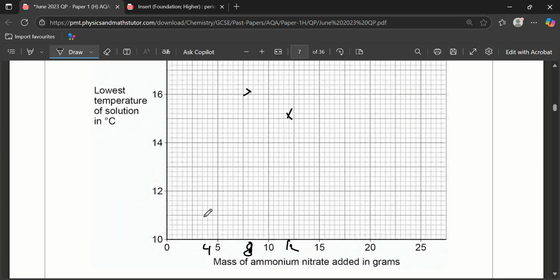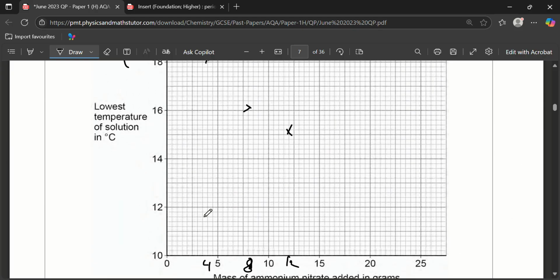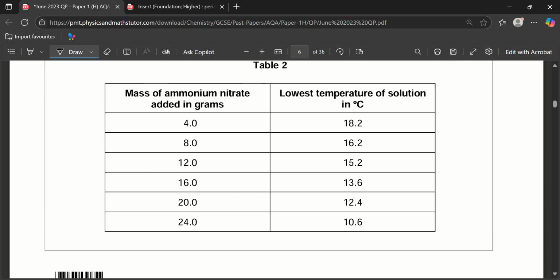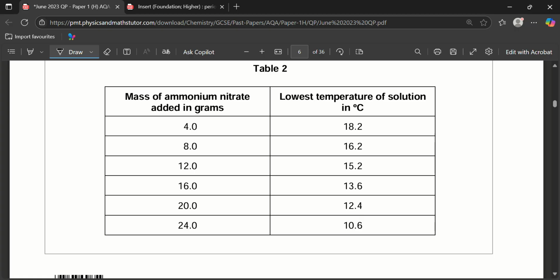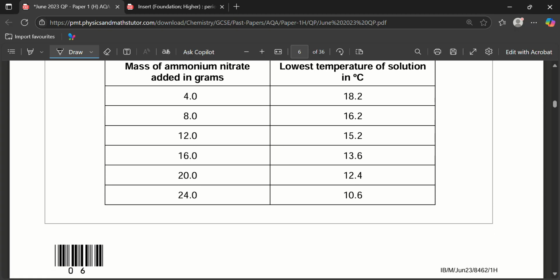Then we have 16, 13.6, 20, 12.4. So 16 is here. 13.6 would be, this is 13, 13.6 is going to be 3 up, so it's still going to be there.